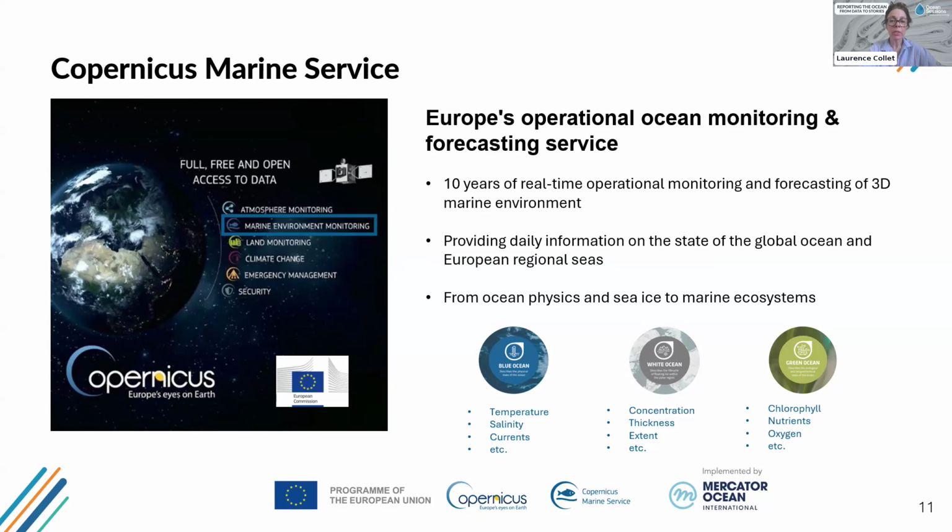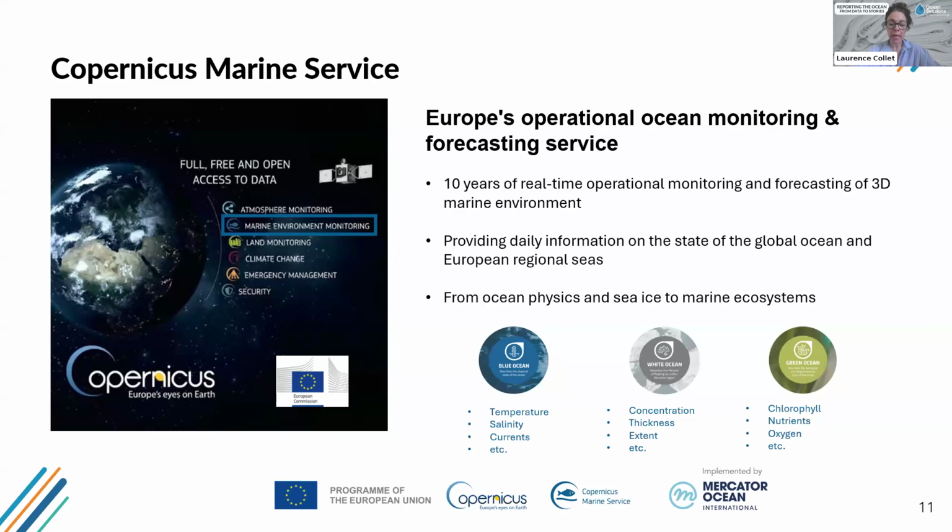So for the past 10 years, it's been delivering real-time information on the 3D state of the global ocean, but also of European regional seas, from ocean physics and sea ice to marine ecosystems. In practice, it means that every day the service provides open, free, and science-based data which support marine and maritime sectors, public authorities, and the blue economy.